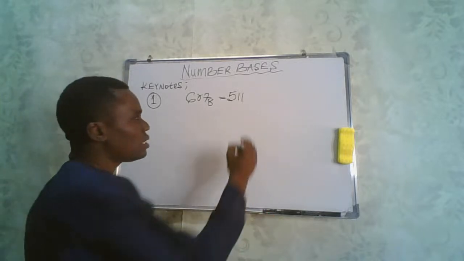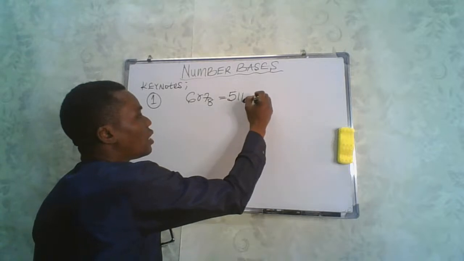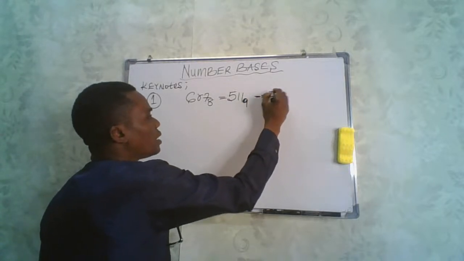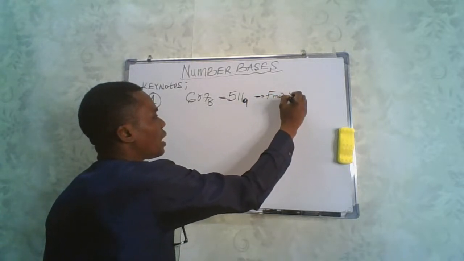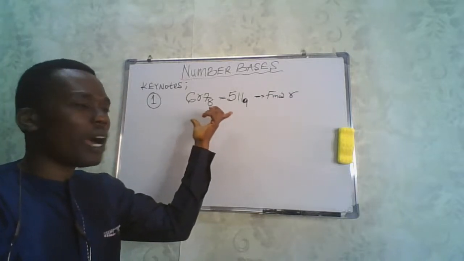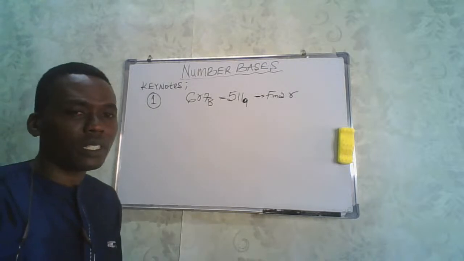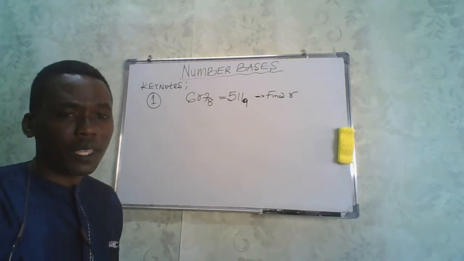Let's assume that this is in base 9. And you are asked to find R. Now you see that you have values given to you in two different bases, base 8 and base 9.